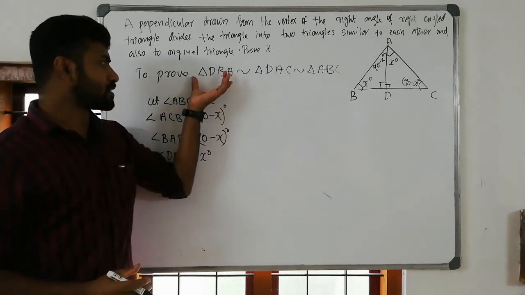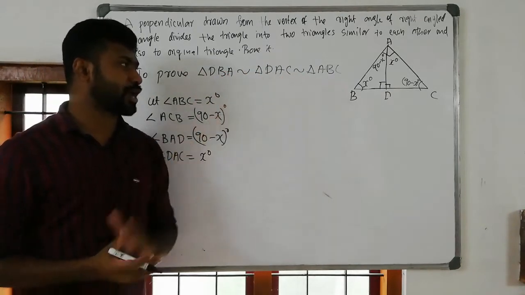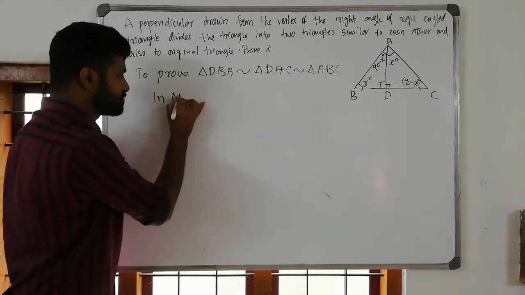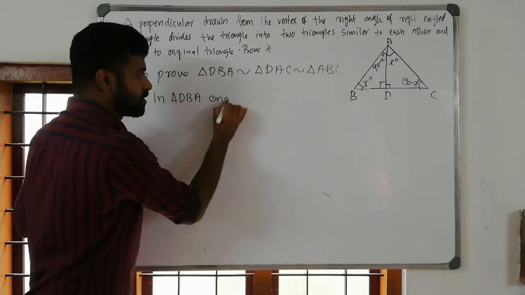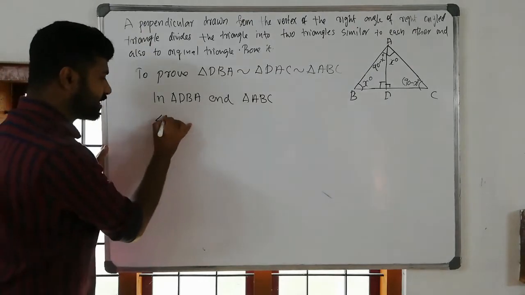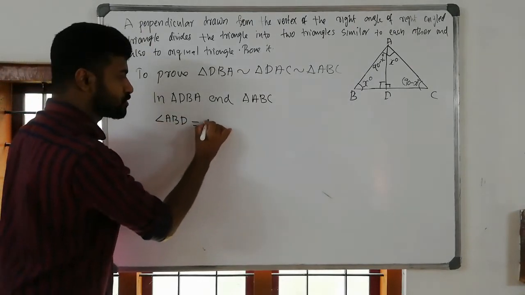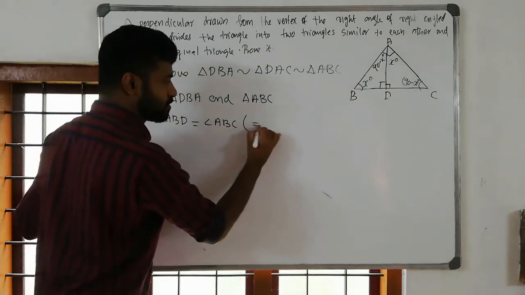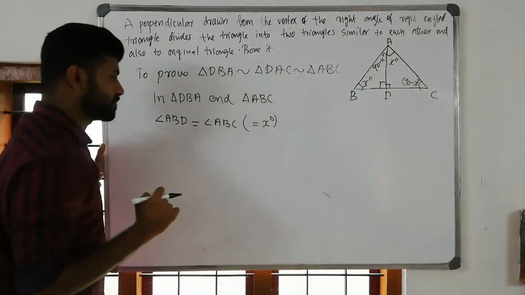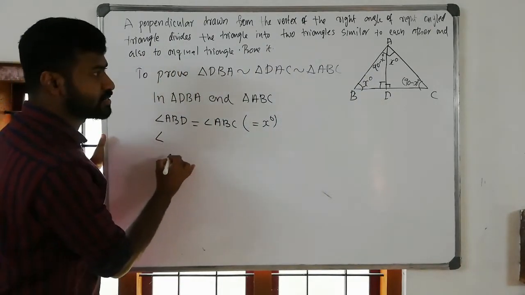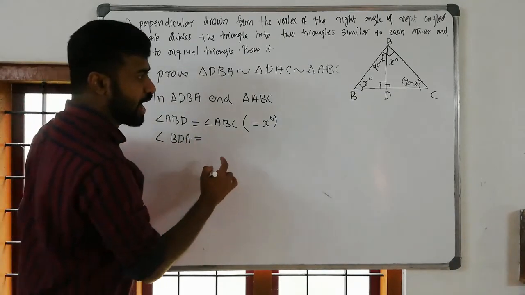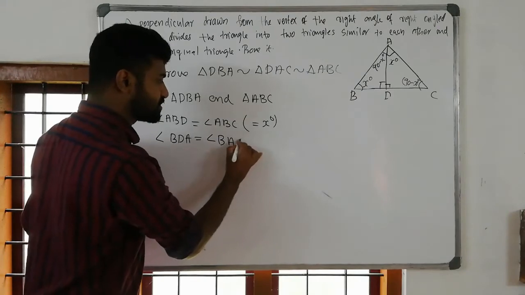Now we can prove triangle DBA is similar to triangle ABC. In triangle DBA and triangle ABC, the angle ABD is equal to angle ABC. The reason: both the angles are equal to x degree. Next one, angle BDA is equal to angle BAC.